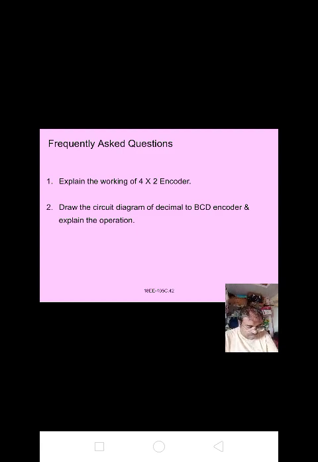This type of encoder has 10 inputs, one for each decimal digit, and 4 outputs corresponding to the BCD, as shown in the below figure. This is a basic 10 line to 4 line encoder.